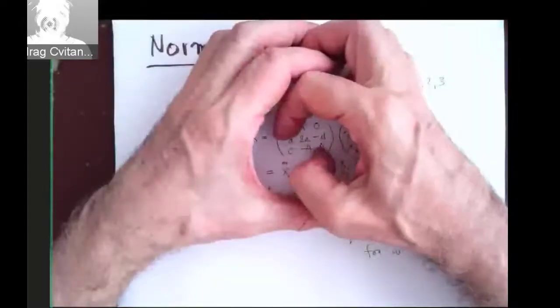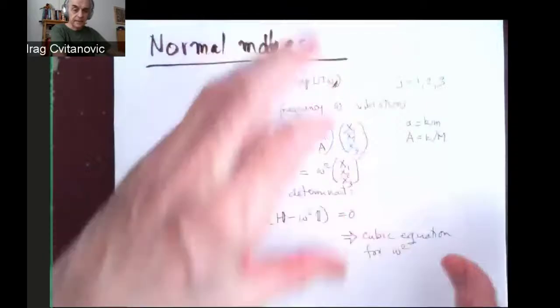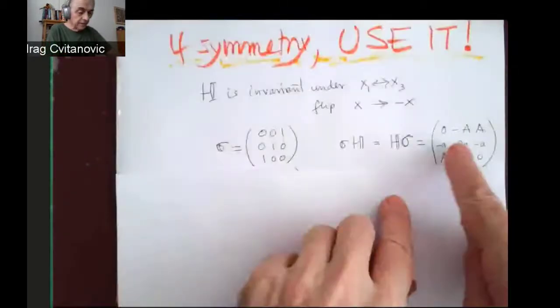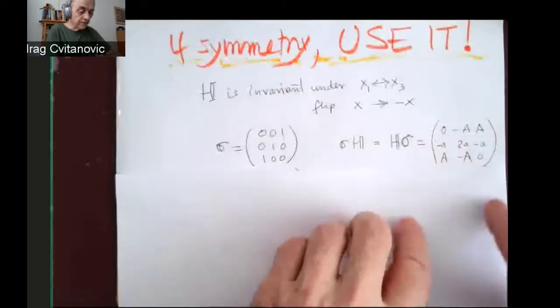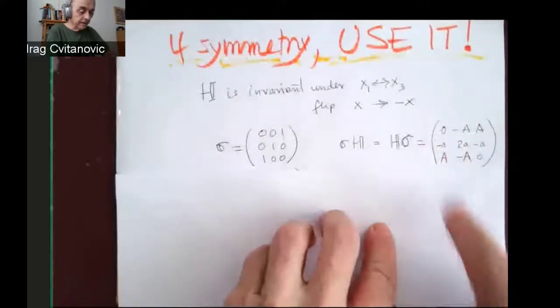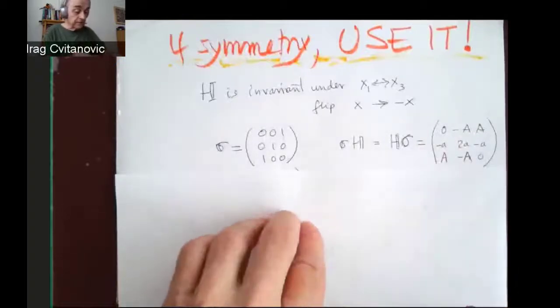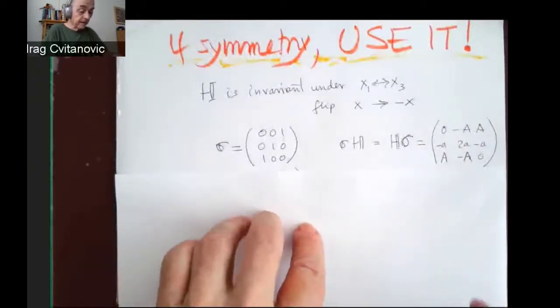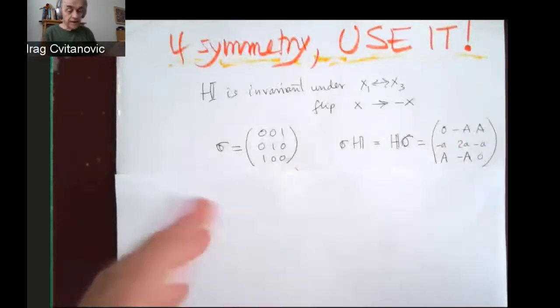It had A minus A0, etc. After you flip it, A goes from here, nothing changes to the center, and the other A goes from there. You can do this calculation twice, first by multiplying them in one order and then the other, and you find the result is the same.